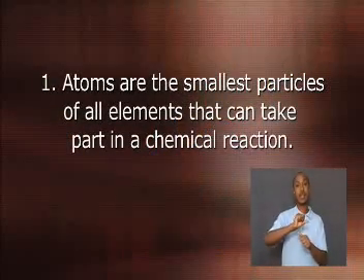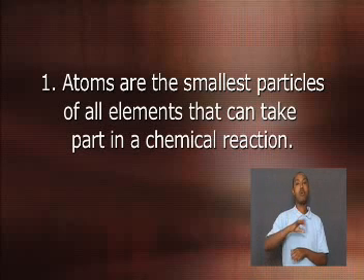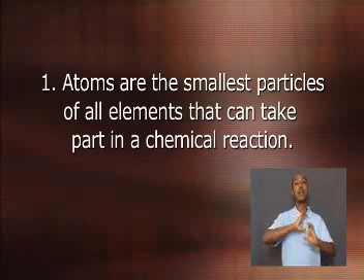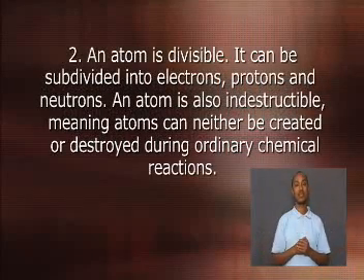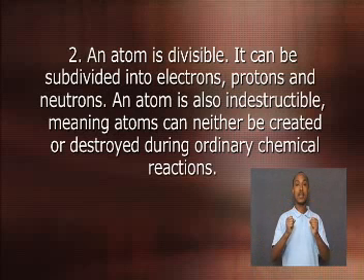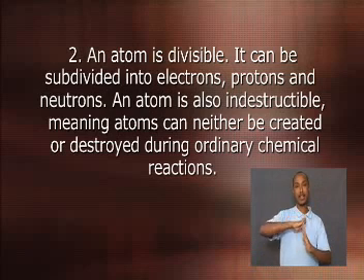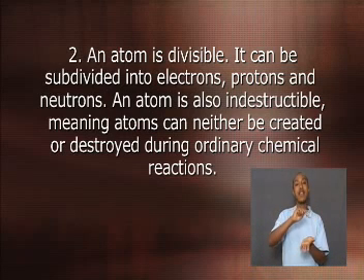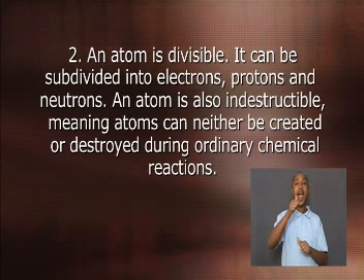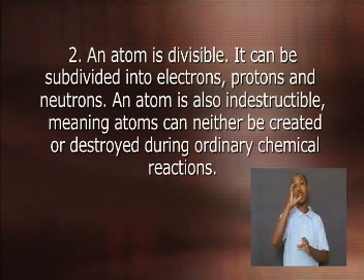Atoms are the smallest particles of all elements that can take part in a chemical reaction. An atom is divisible. It can be subdivided into electrons, protons, and neutrons. An atom is also indestructible, meaning atoms can neither be created nor destroyed during ordinary chemical processes.